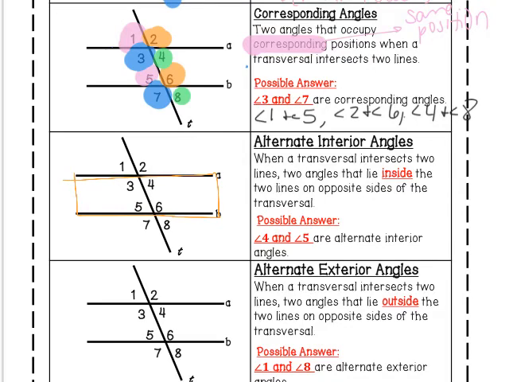These are all inside the parallel lines. So then 4 and 5 are alternate interior because they're on opposite sides of that transversal. Likewise, 3 and 6 are also alternate interior because they're inside the parallel lines on opposite sides of the transversal.